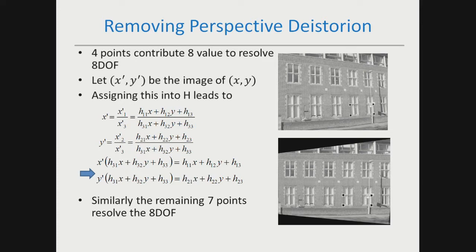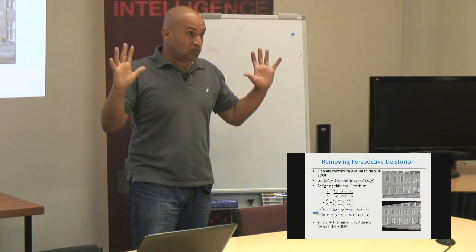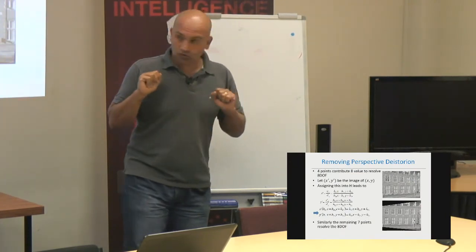We'll try to remove all the perspective distortion and create the same image but without the perspective distortion, as if we had actually taken this image using an orthogonal or parallel projection camera. That means there is no perspective distortion.